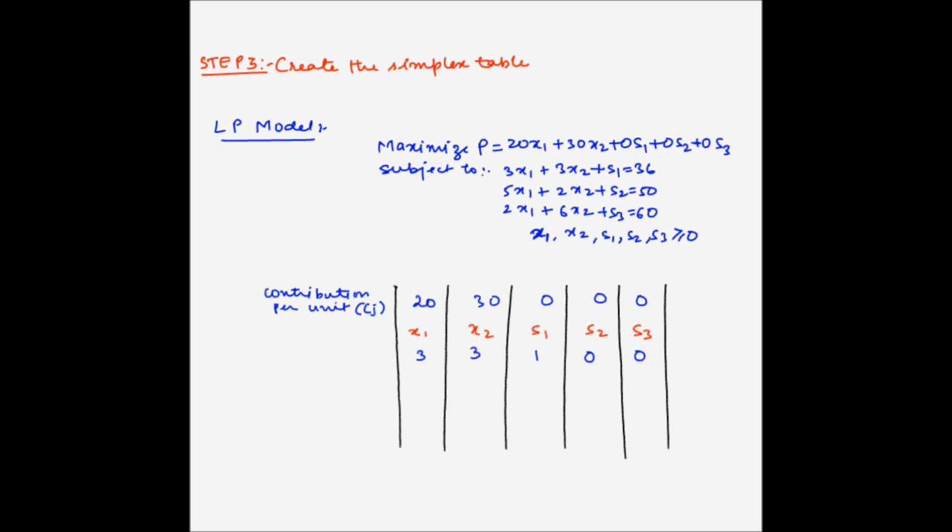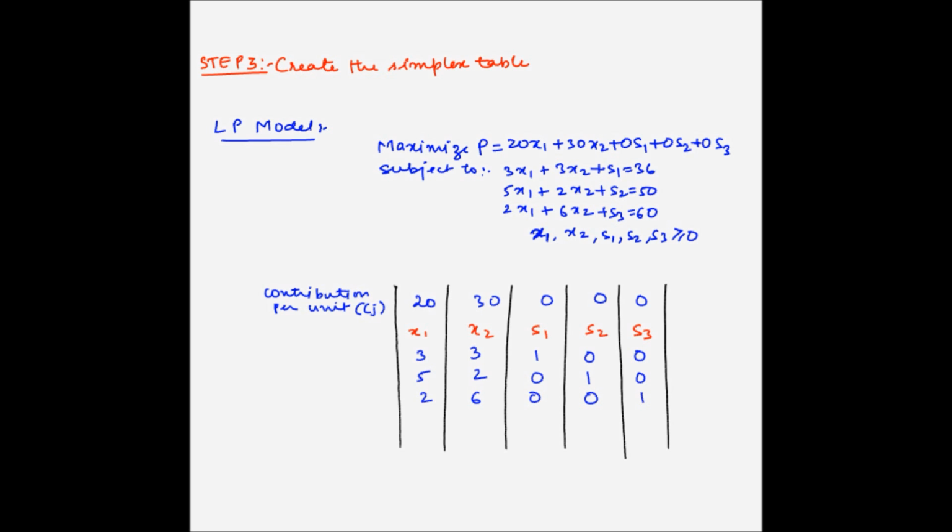Similarly for the second constraint, 5, 2, 0, 1, 0. For the third constraint, 2, 6, 0, 0, 1.